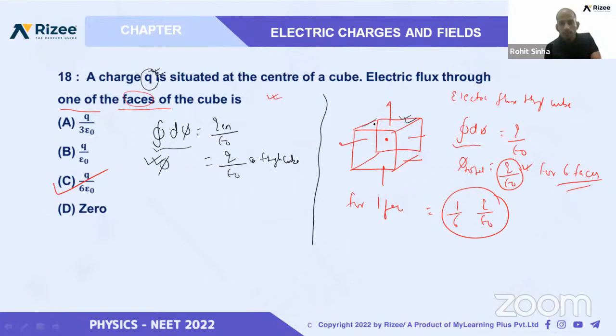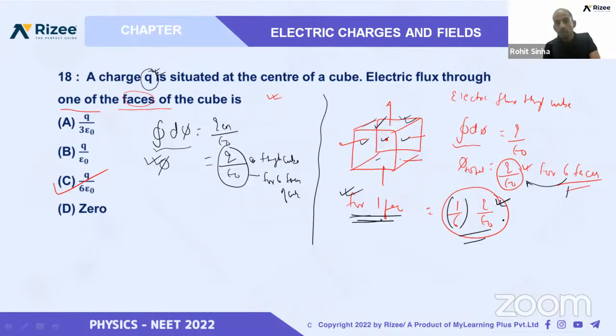A cube means 6 faces: 1, 2, 3, 4, 5, and 6. So q by epsilon naught is for the 6 faces of the cube. But the question is asking for one face, so we apply the unitary method. For 6 faces it is q by epsilon naught, so for one face we divide by 6 and get the flux through one face.